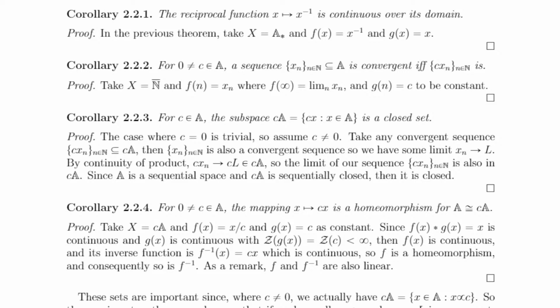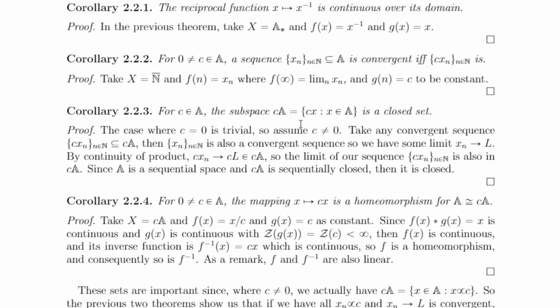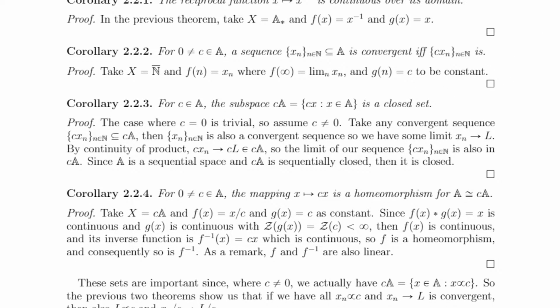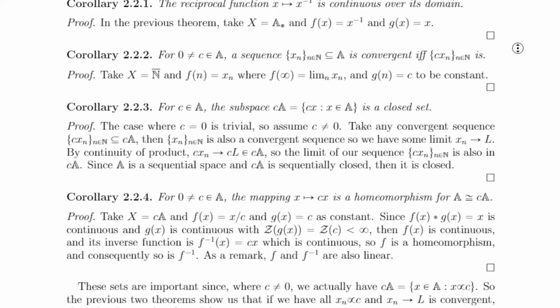But the proof, again, is really simple. Of course we know if the xn sequence is convergent, then naturally c times xn will be convergent. So it's really the reverse direction which is hard. To prove this reverse direction, we'll take these functions.